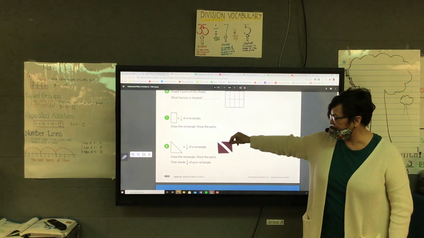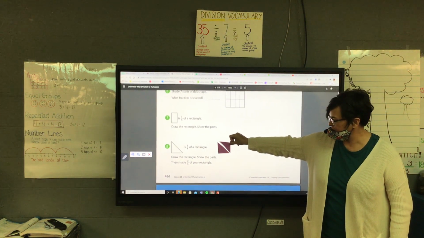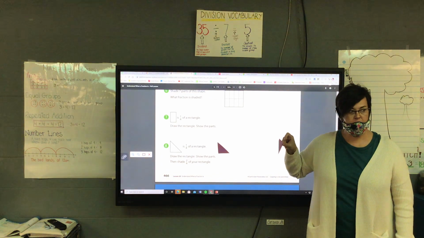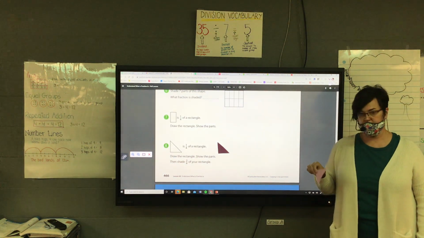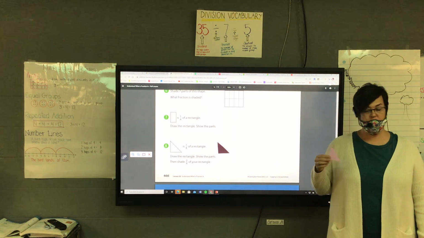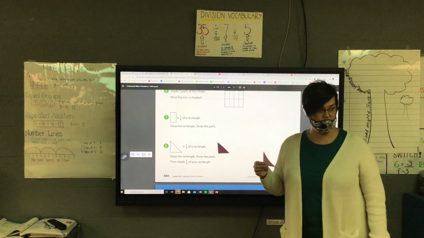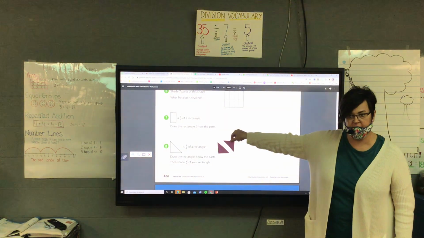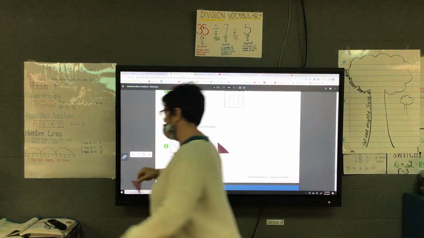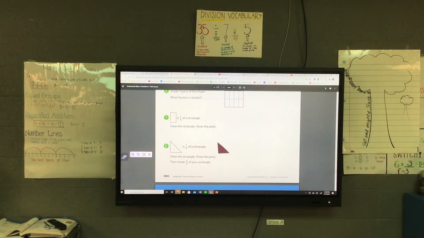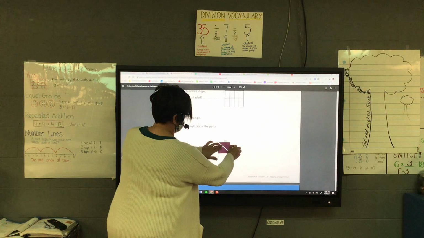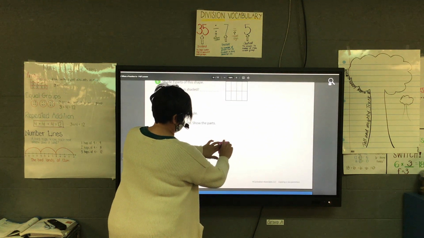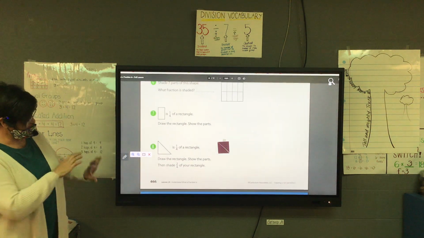Okay, so how many parts is this? Two. How many parts does it need to have? 4. Can you figure out what you're gonna have to do to get 4 parts? Do you want me to leave that up there kind of like that for you? Okay, so you're going to draw those 4 parts, right? It's freaking out because of the tape.